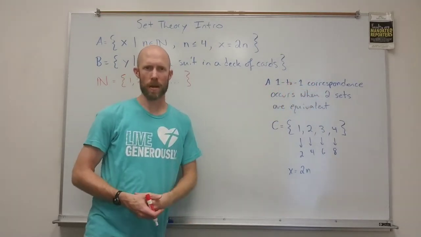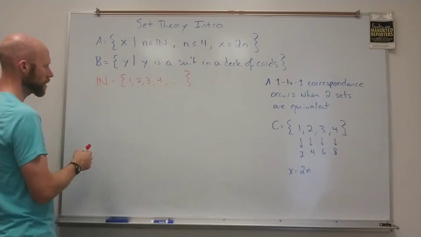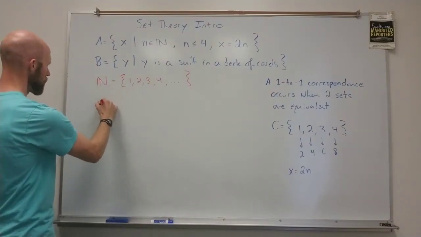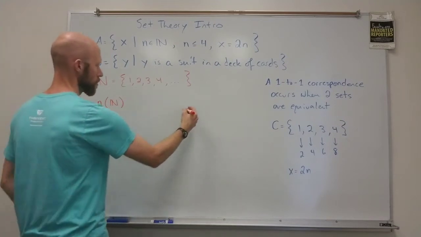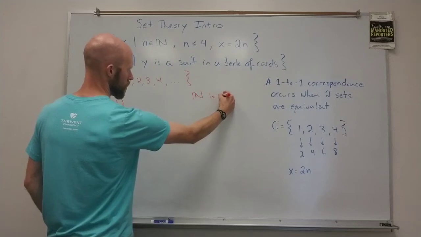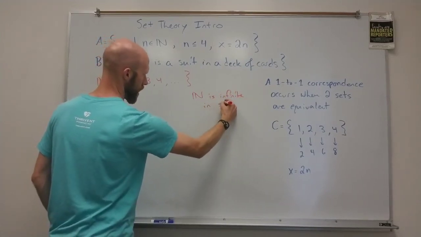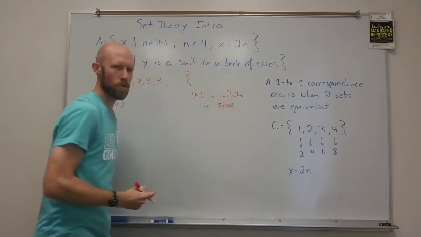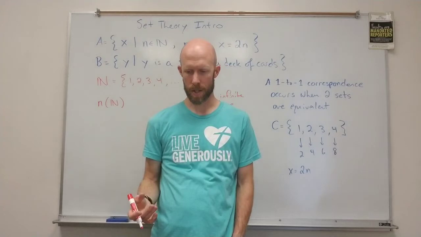But it's not actually a number, okay? And so the set of natural numbers does still have a cardinality, right? We say that N is infinite in size, but we don't use infinity as a cardinal number. That wouldn't make much sense.